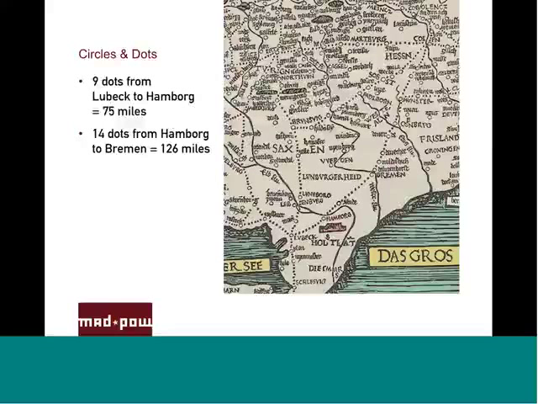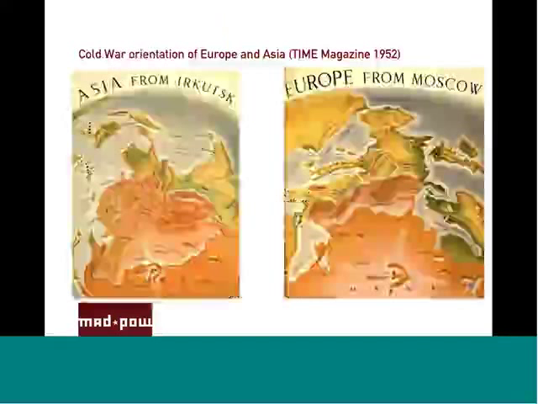So someone reading this map could see the convention that an unfilled circle was a town, and they could count the number of dots between the town, and they could effectively predict how long it would take to get from one spot to the next. He was able to plot this against the information he had on the coastline and where the rivers were, and his representation of the position and distance between the towns is still remarkably accurate.